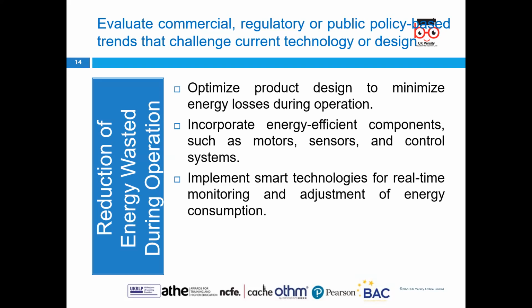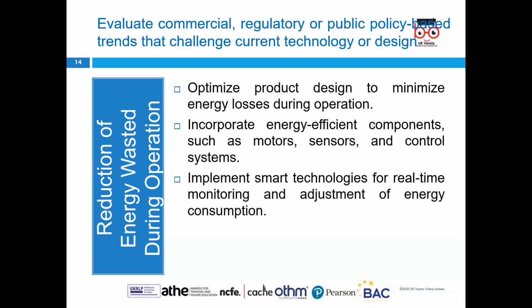For example, if you are using a phone, in the backend many apps are running. If the system can automatically close those apps when they are not needed, then it can save a lot of battery. If it saves battery, then you are less likely to recharge the mobile phone, or you will be recharging it for a lower time. That way, you're going to save energy during the operation of a cell phone.